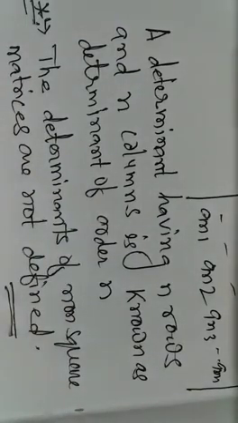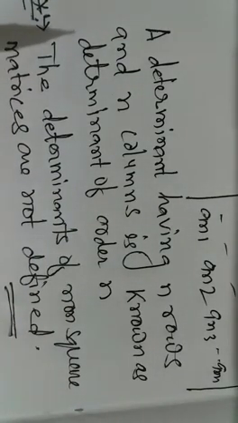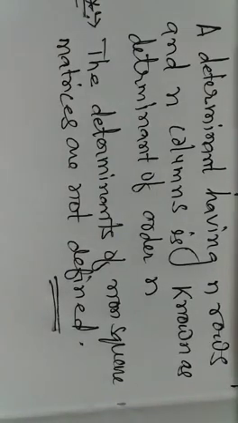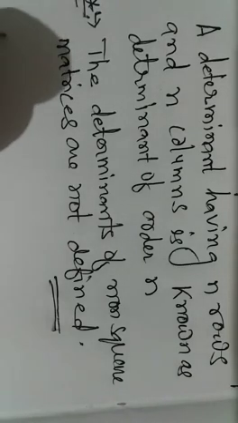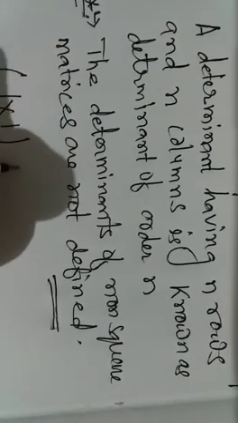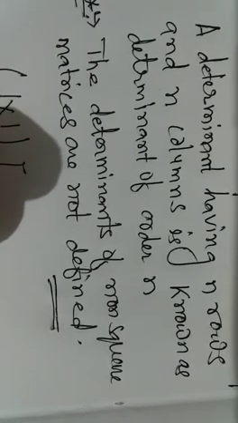After that, in the next class we will learn about the value of a determinant of order 1. If we are writing a determinant of order 1, it means what? Order 1 means it should be a 1 into 1 matrix.